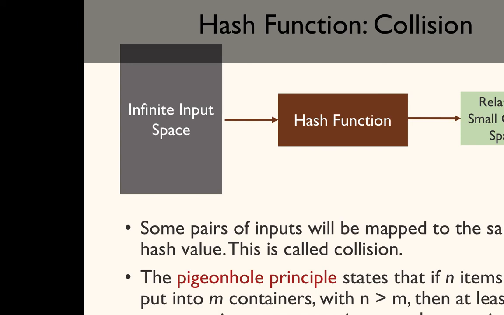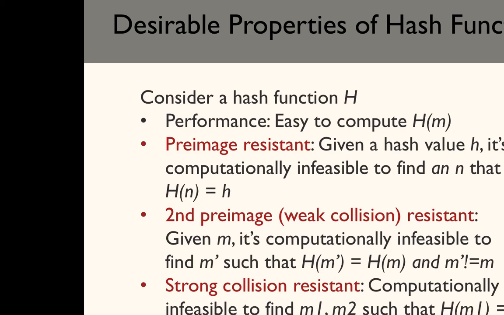This is called the pigeonhole principle. This is a principle in math. We don't want to dive into that. So, there are several properties a good hash function should have.